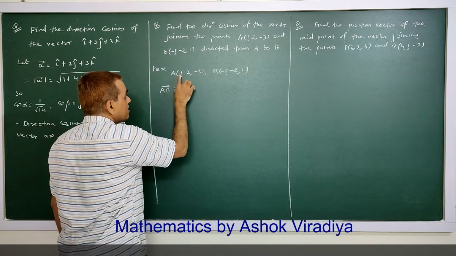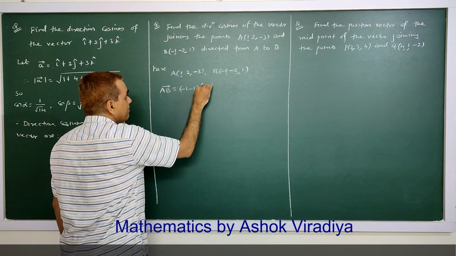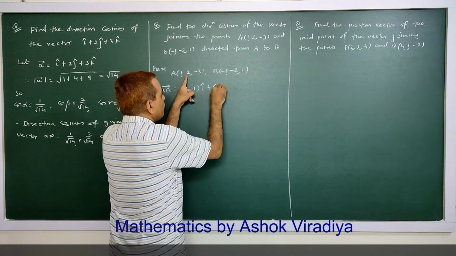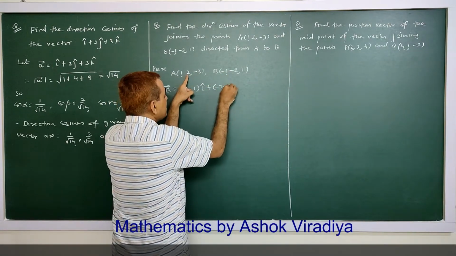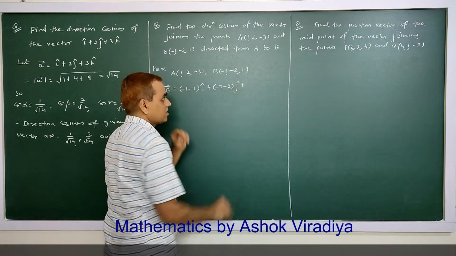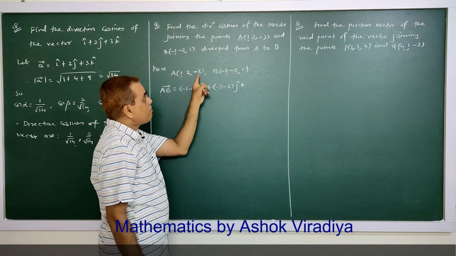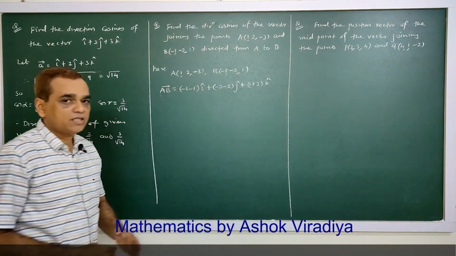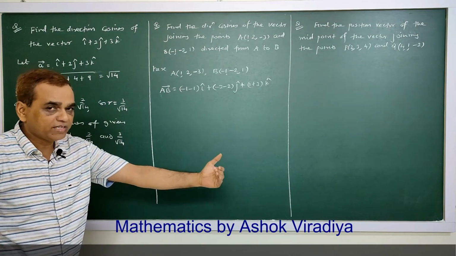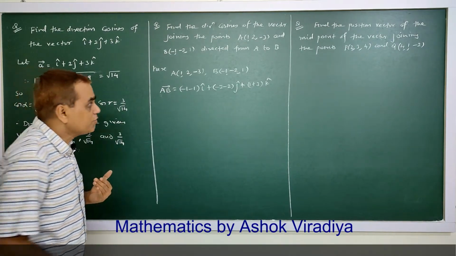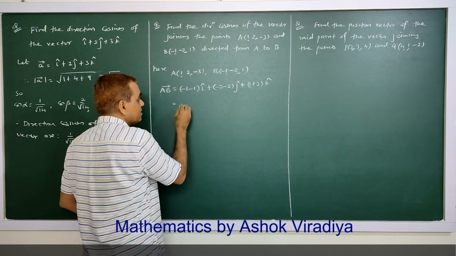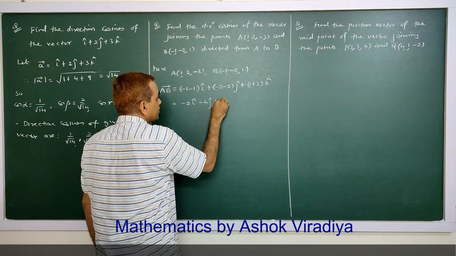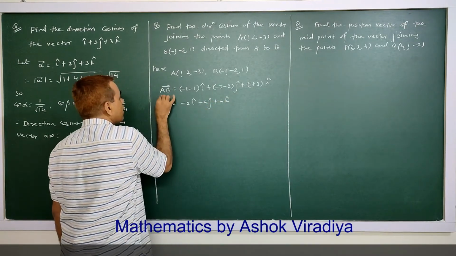So minus 1 minus 1 times i cap plus minus 2 minus 2 times j cap plus 1 minus minus 3, that is plus 3, times k cap. Components of terminal point minus scalar components of initial point, that is minus 2i minus 4j plus 4k. So this is vector AB.